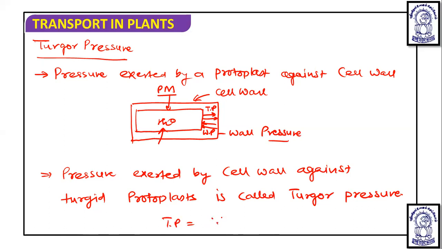According to Newton's third law, the pressure is equal and opposite. So turgor pressure is equal to wall pressure.